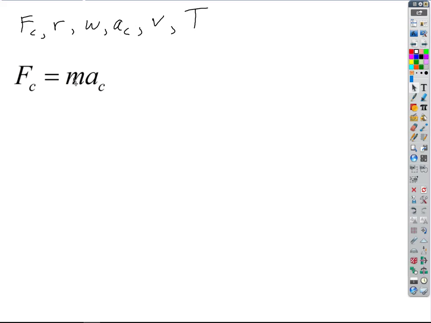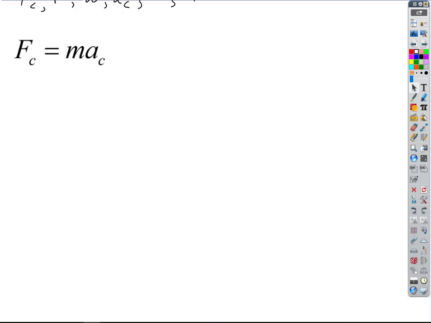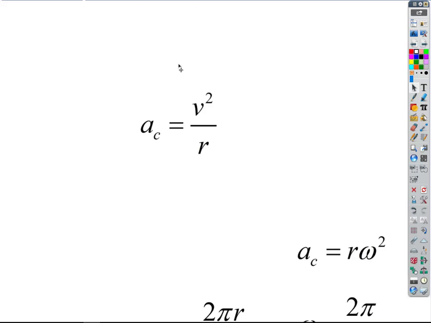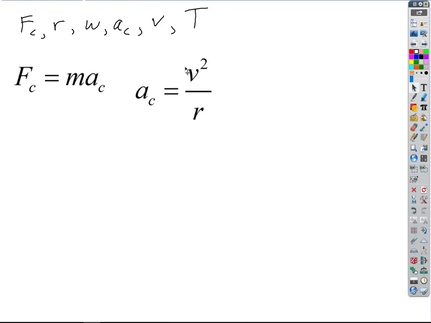Acceleration is change in velocity over change in time. Can we relate centripetal acceleration to some of these other quantities? Do you remember from yesterday? V squared over R. There you go. Okay, got another one.